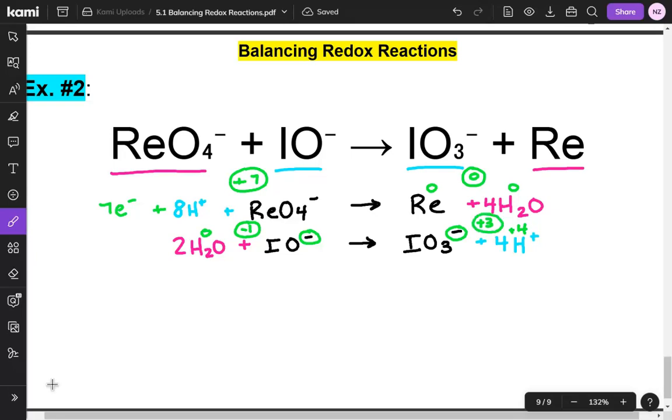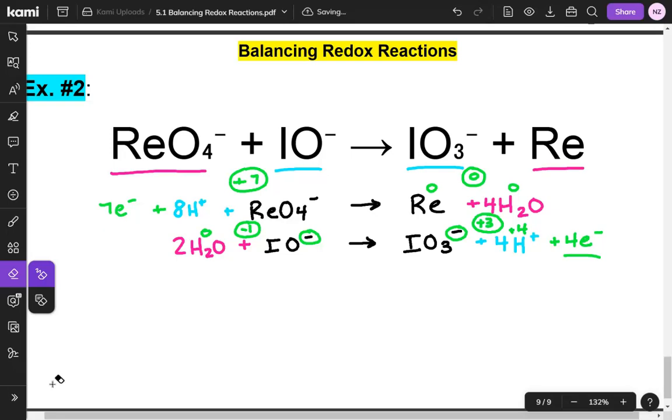So again, I can't turn negative 1 into positive 3. I can't go up, but I can go down. We're going to add 4 electrons to the right side of our second half reaction to balance that out. All right, now our charges are balanced out. We have 7 and we have 4.